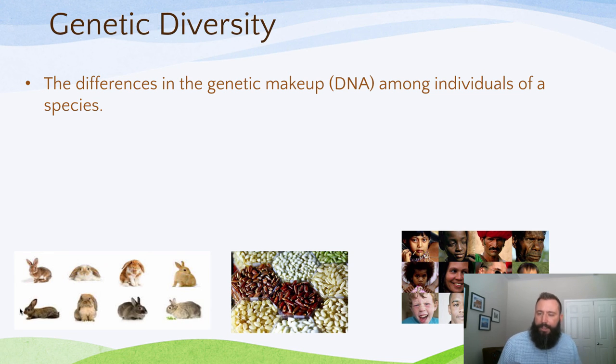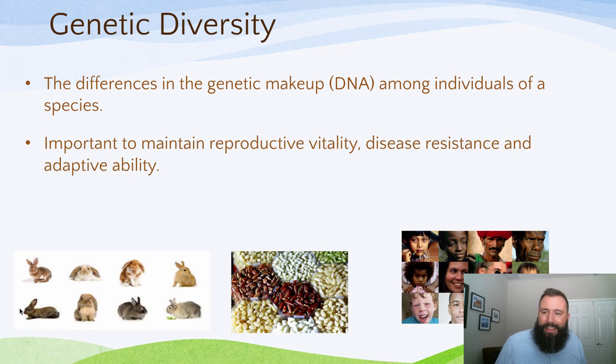So those differences are going to impart traits, right? Traits that are able to hopefully maintain reproductive vitality or maybe impart disease resistance or give the organism a greater ability to adapt to climatic conditions.